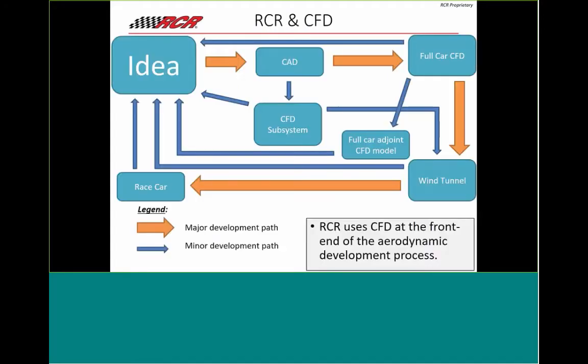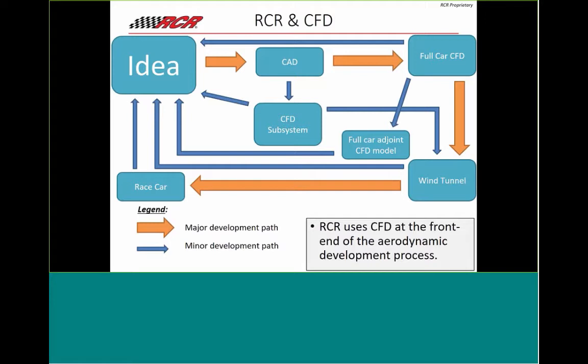So this gives you an idea of what the aerodynamic process looks like. You have an initial idea. You may draw that up in CAD. It would go into the full car CFD model. Occasionally, there's a closed loop that goes right back into an idea stage from CFD. Or from the CAD model, it may go into a CFD subsystem, maybe a closed ductwork system or maybe a partial car model.